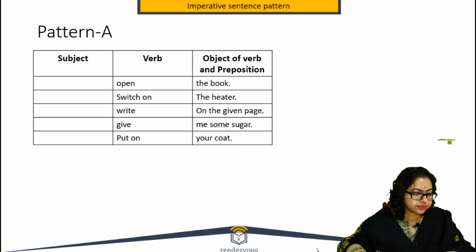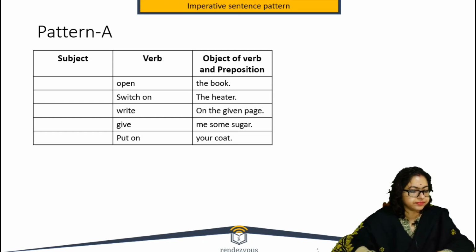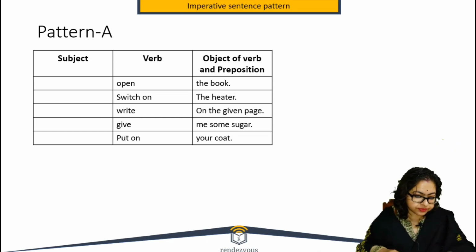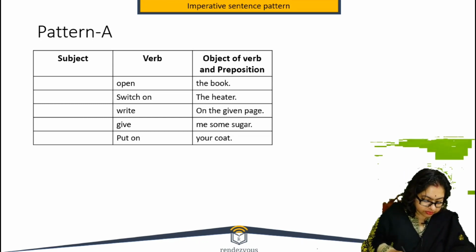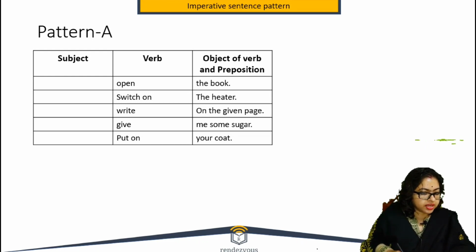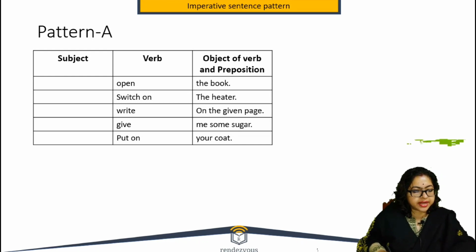We first have the pattern A. For pattern A, we can see that there are some examples, and all of the examples have started with verb and then object of verb and preposition.